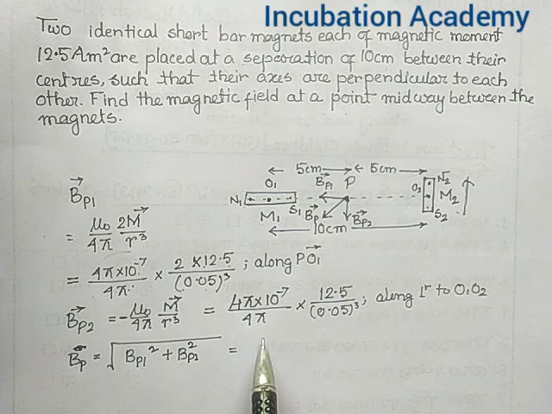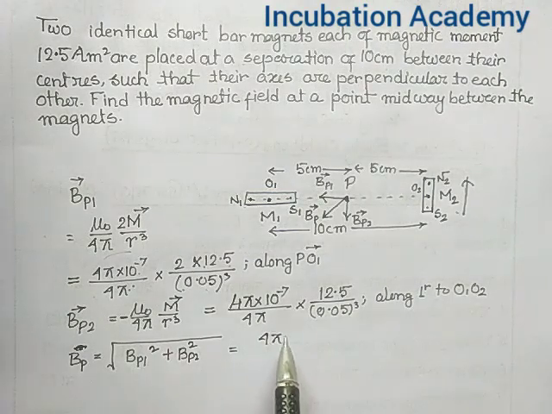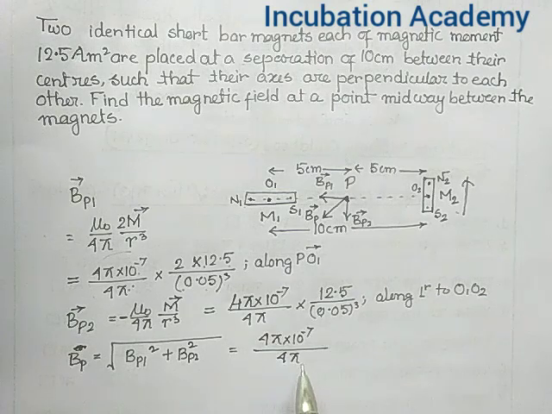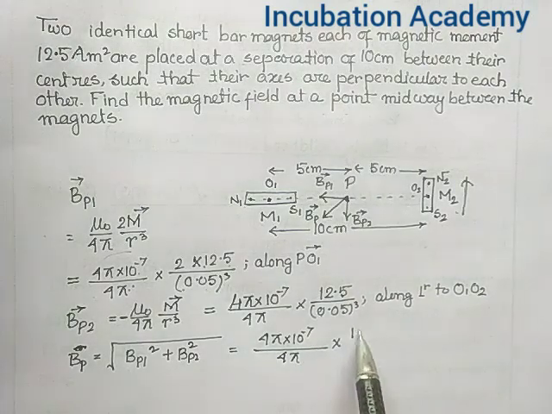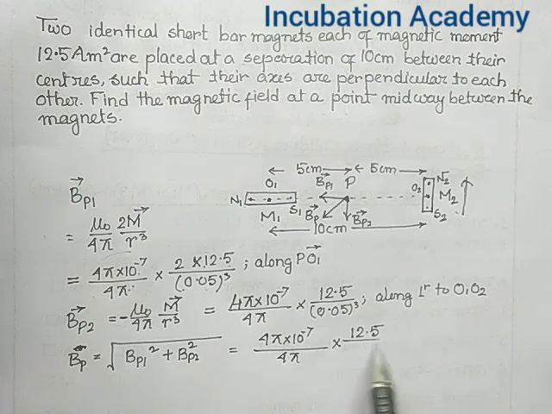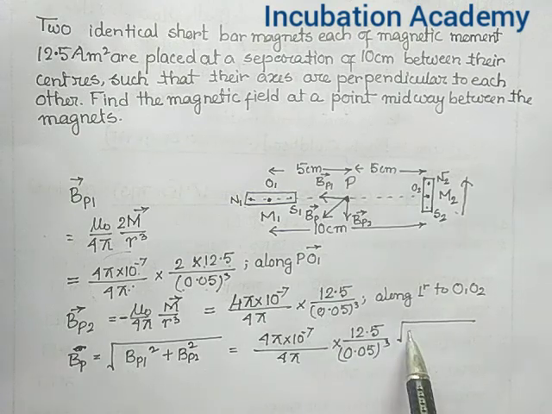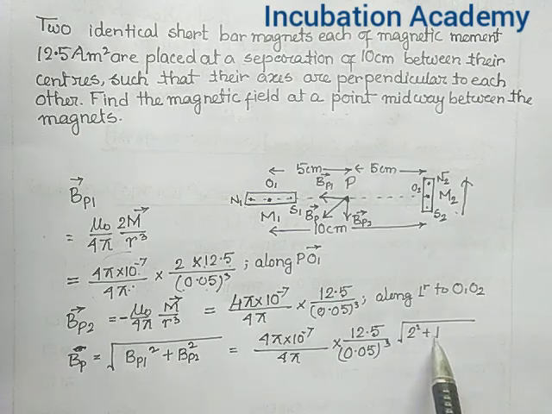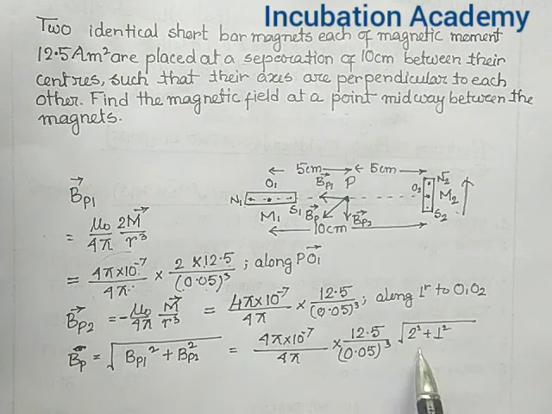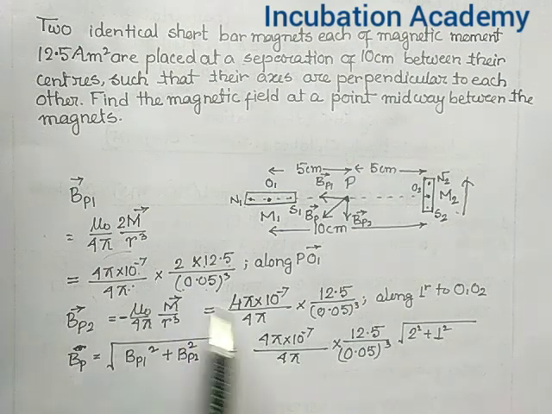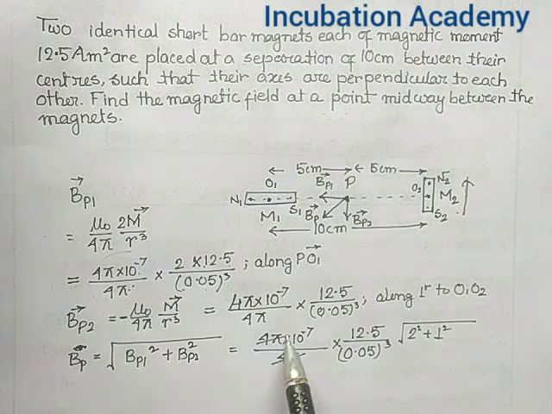So if I take all of these things outside the square root, avoiding lengthy calculation, I get root over 2 squared plus 1 squared. I can take all of these common. So 4 pi and 4 pi cancel out.